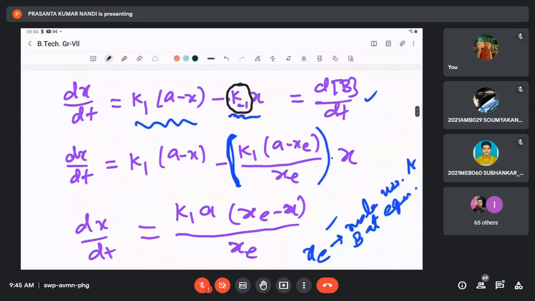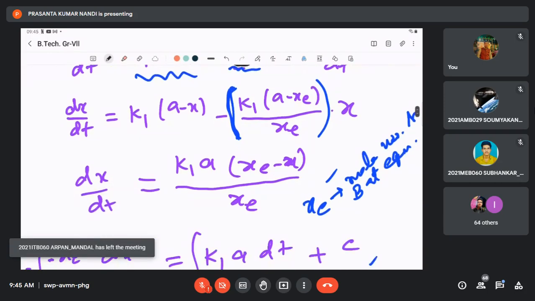And we manipulate the right hand side and get an expression like this. So this is the rate equation.